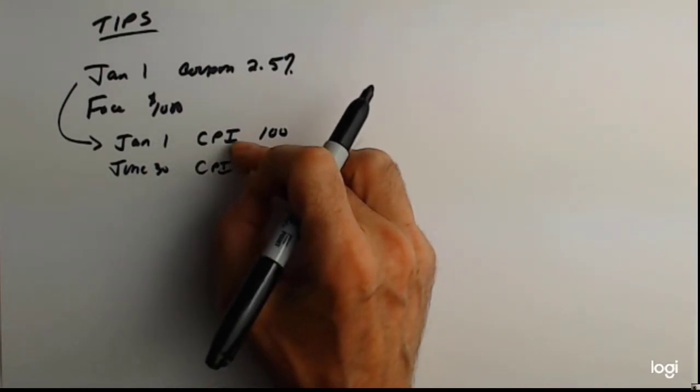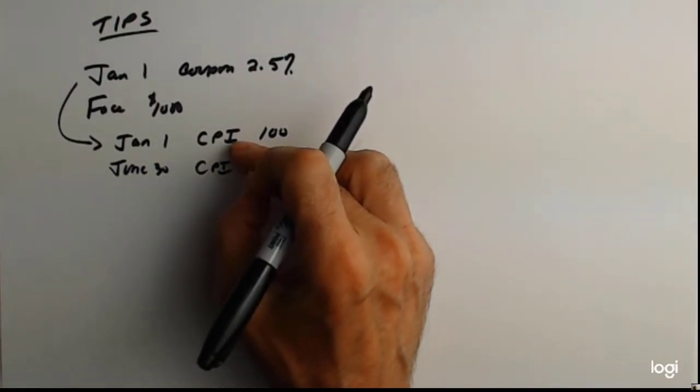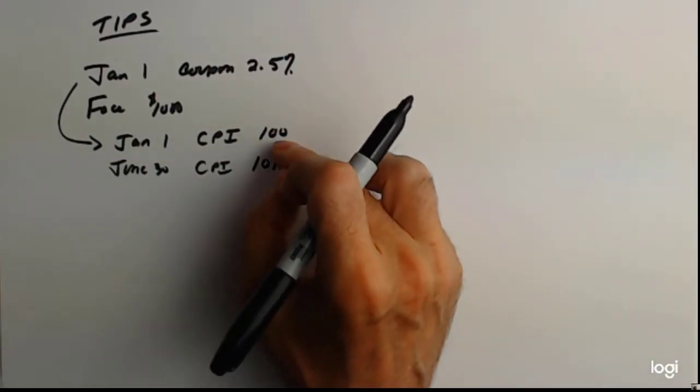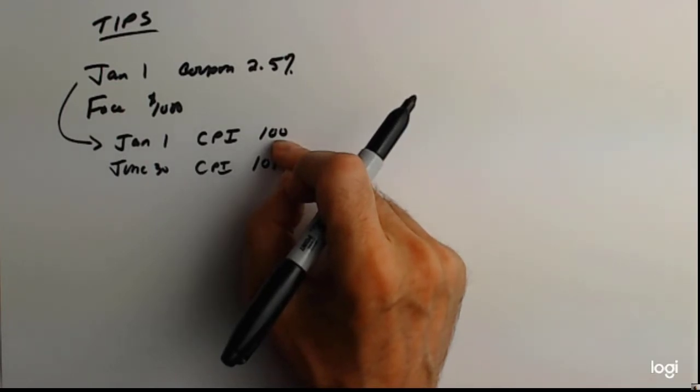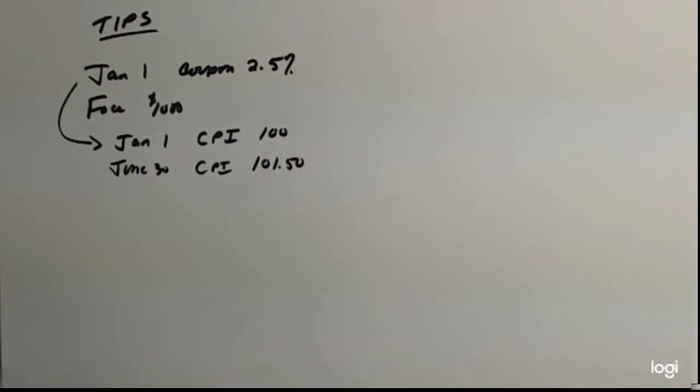It's consumer price index, and it measures the inflation that hits the average consumer. So you can think of this as being the value of a basket of goods that the typical consumer buys. Let's say on January 1st, that basket of goods cost $100. Then 6 months later, the average consumer shops for the exact same goods, the exact quantity, the exact quality.